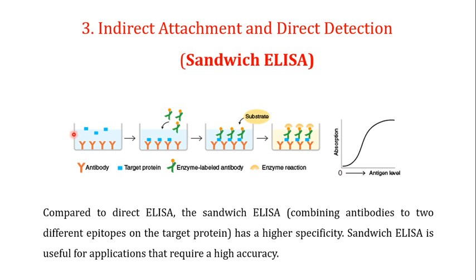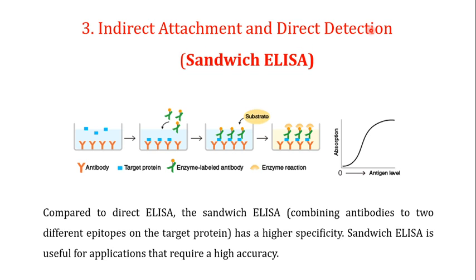Now, you have these antibodies attached to the surface of the microtiter plate, and these blue rectangles are your target protein. As you are attaching these target proteins or antigens indirectly to the surface of the microtiter plate, this is indirect attachment.